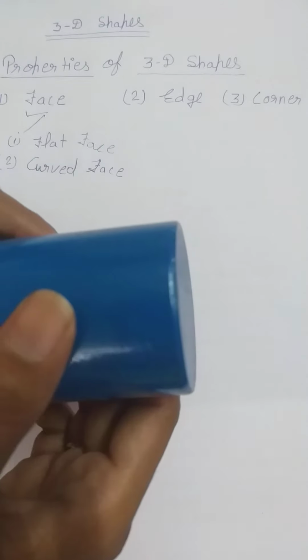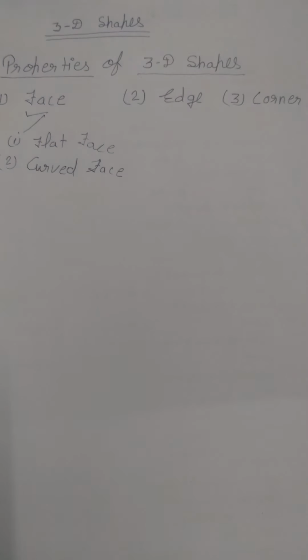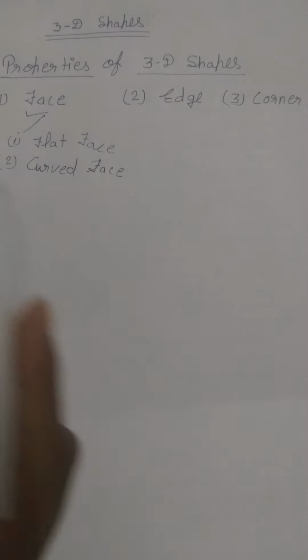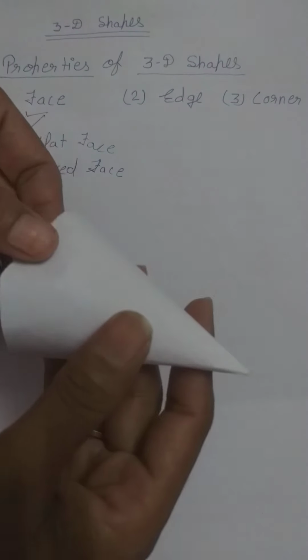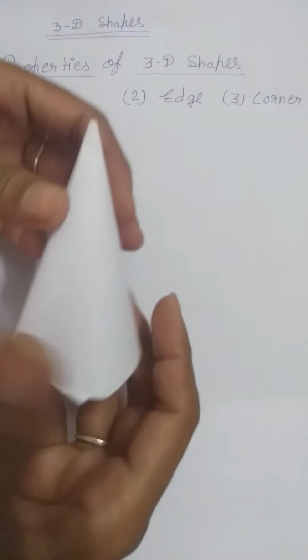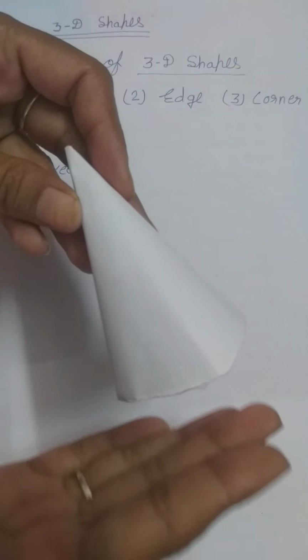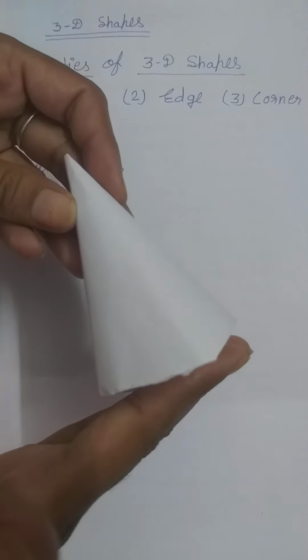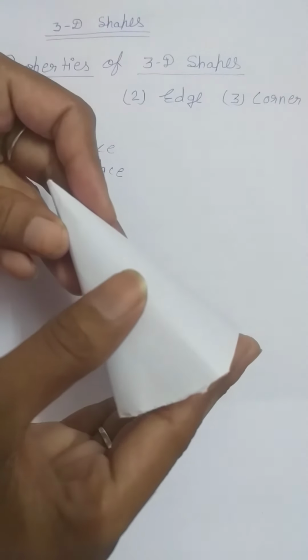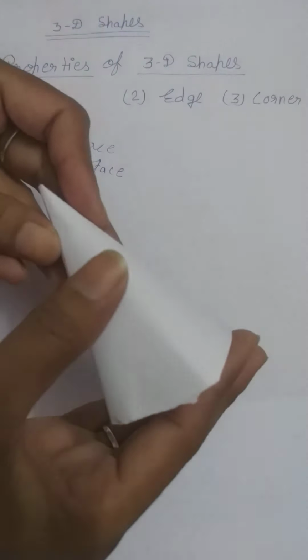Okay, now you understand. Another shape we have is a cone. Let's see how many edges we have in this. So this one is a curve face and this one is a flat face. Both will meet.